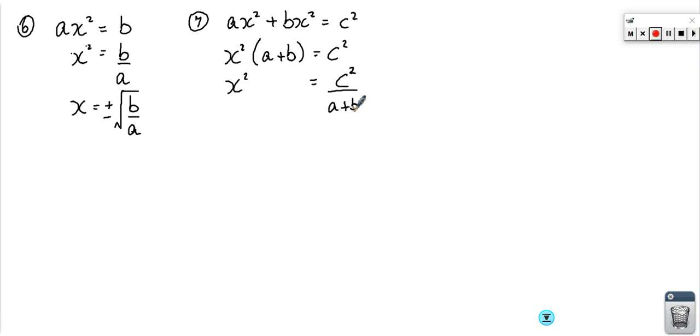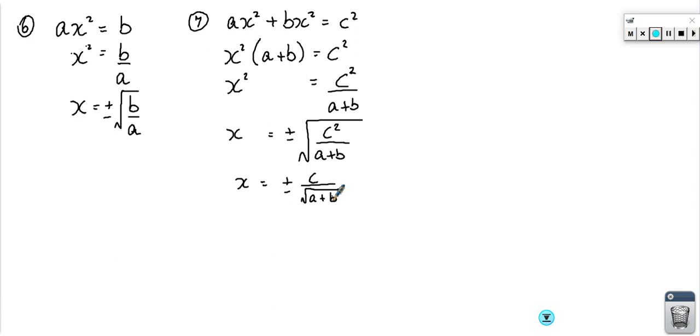Same thing as in the other equation, x is equal to plus or minus the square root of c squared all over a plus b. Or you can write it down, same thing as plus or minus c on square root a plus b. It's the same, that is the same result. I have rooted the c squared.